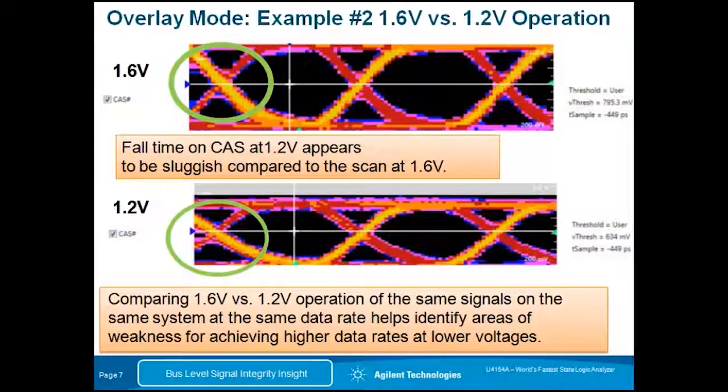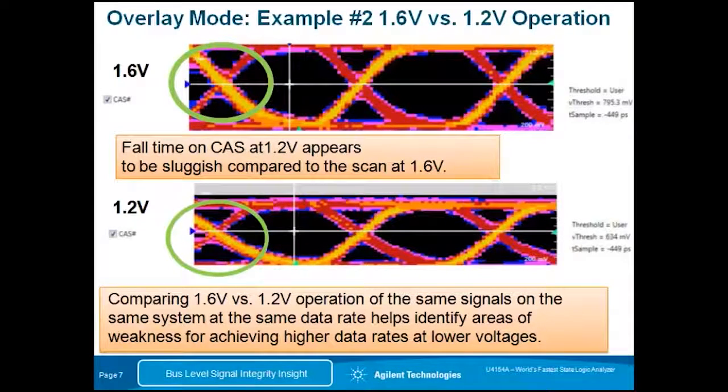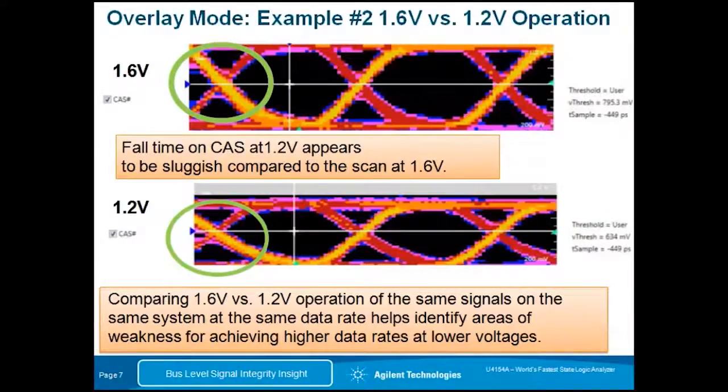This is a single signal example on the slide, but it is representative of what we saw across all address and command signals. And that is that we noticed the fall time at 1.2 volts on all address and command bits was sluggish compared to the fall time at 1.6 volts. This identifies an area of weakness that needs to be resolved for this system to be able to operate at higher data rates and lower voltages.